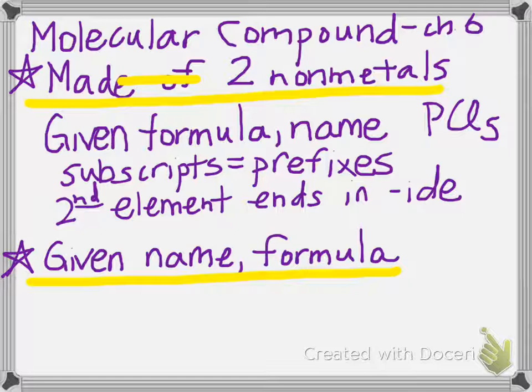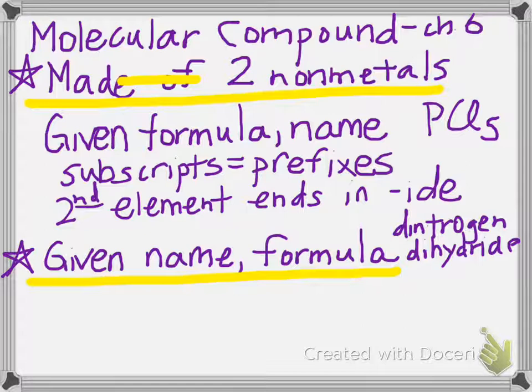All right, more importantly, when you're given the name, to write the formula. Again, this is more what you will be asked to do frequently. So if we have dinitrogen dihydride, okay. This is more often what you're going to have to do throughout Chapter 8 is, given the name, write the formula.